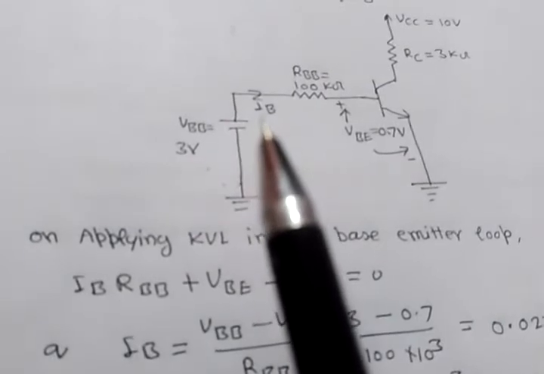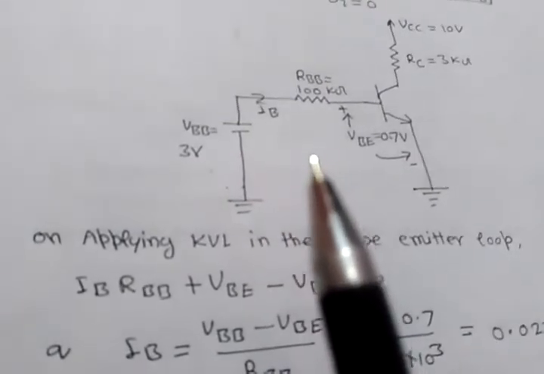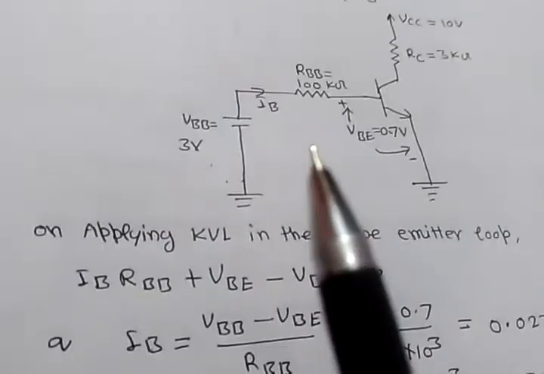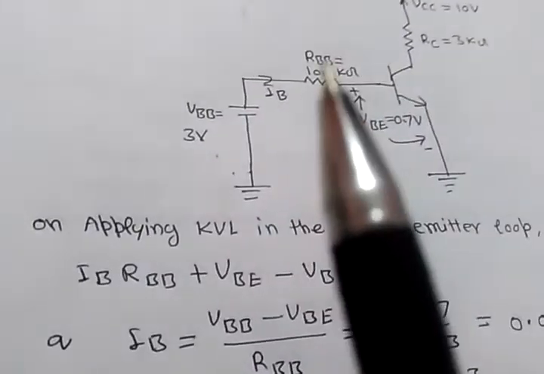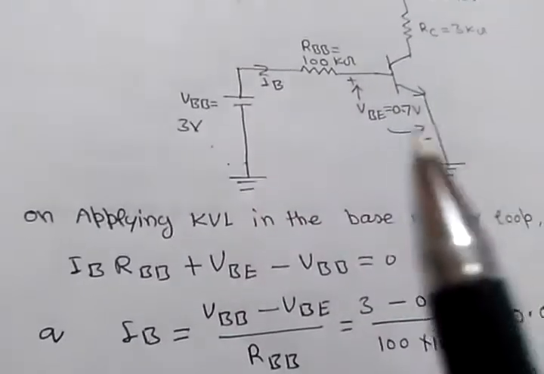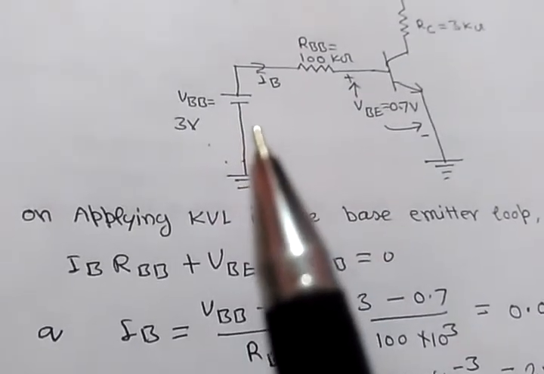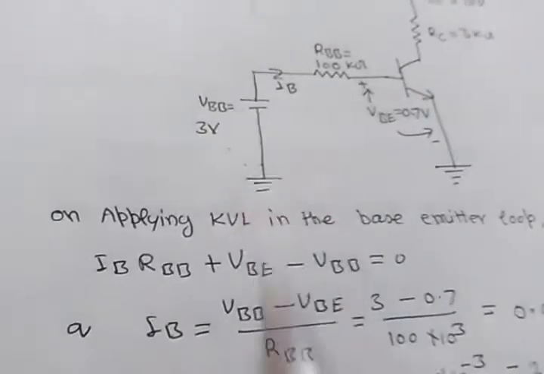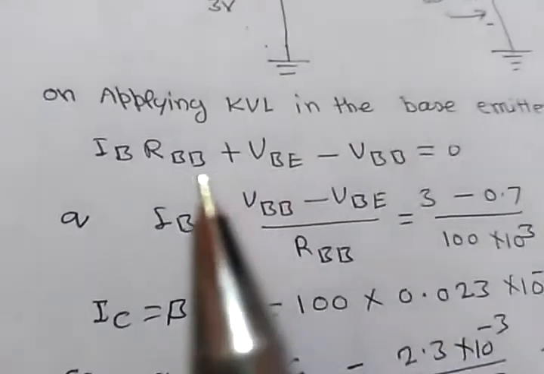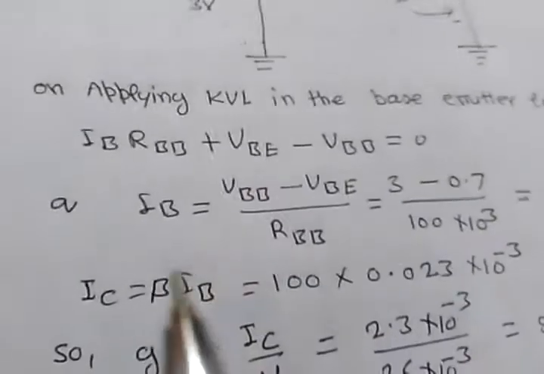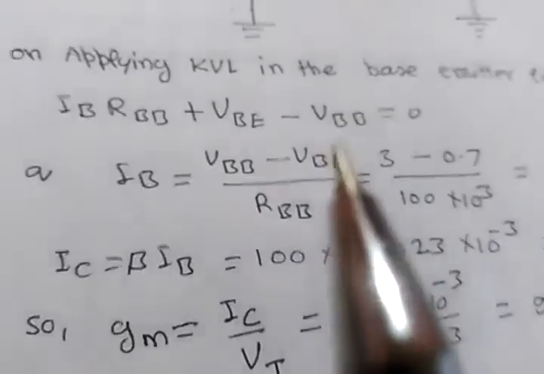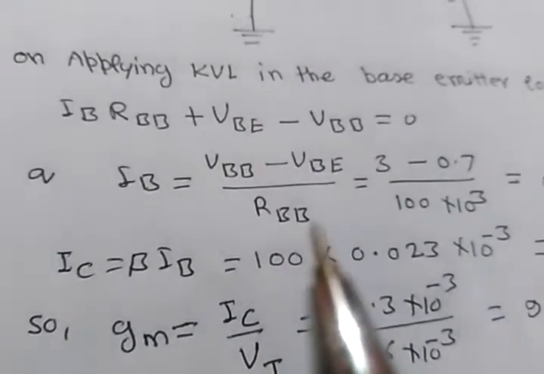To calculate IB, I will use KVL in the base emitter loop. The KVL equation can be written as IB RBB plus VBE minus VBB equals 0, which is written here. From this equation we can write IB equals VBB minus VBE upon RBB.